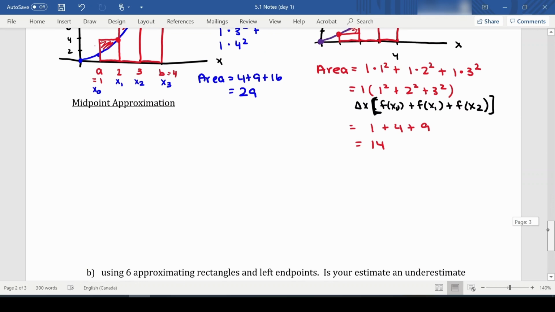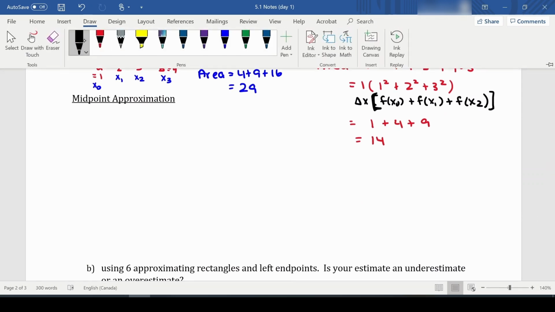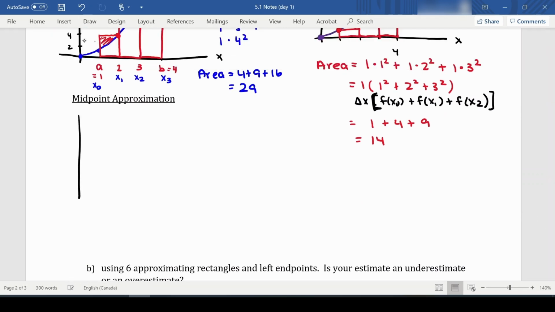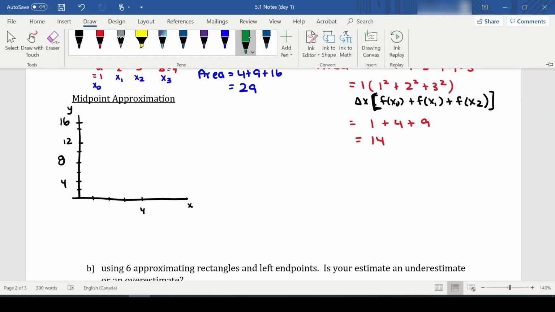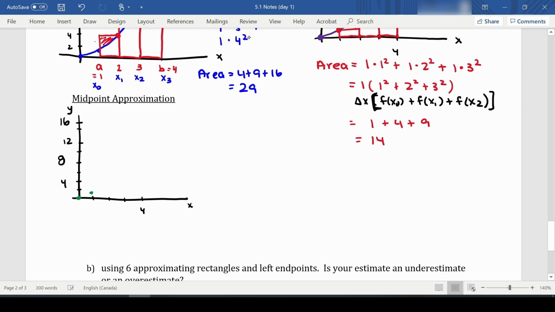If we wanted to do a midpoint approximation, this means the middle of the top of each rectangle needs to go on our curve. So let's draw in our curve again. We've got 0, 1, 4, 9, 16.